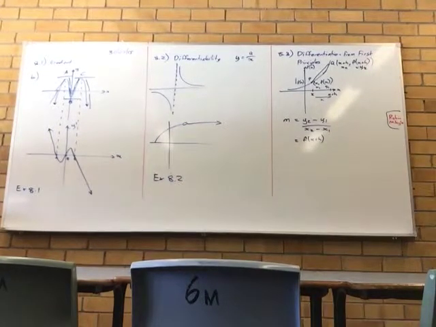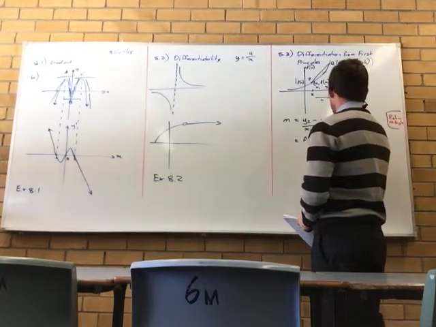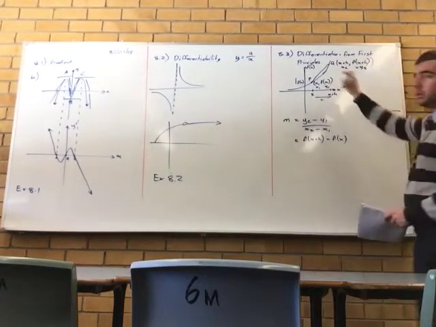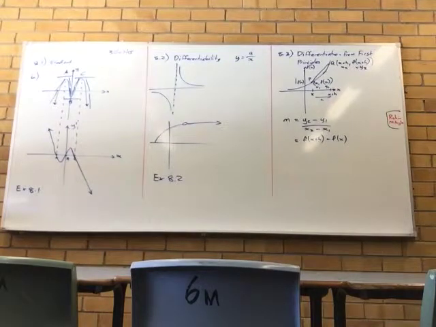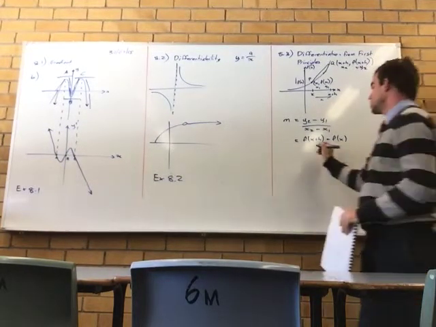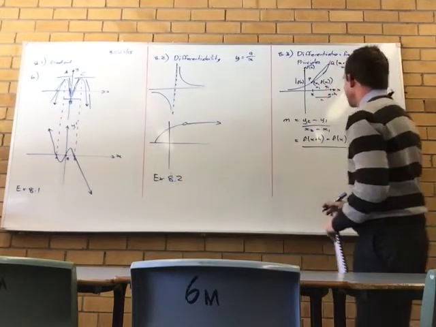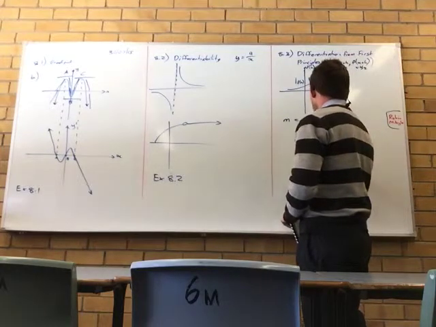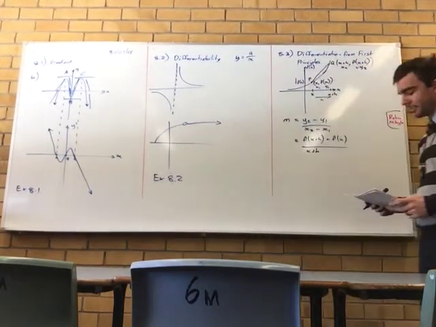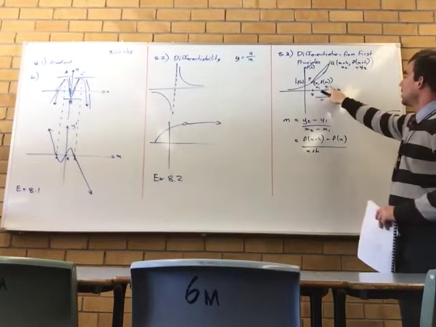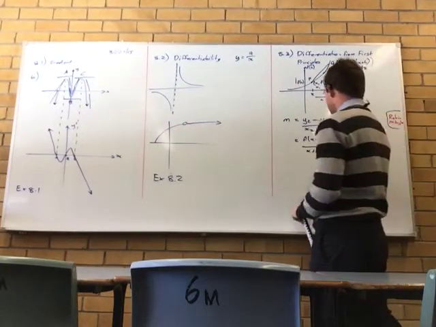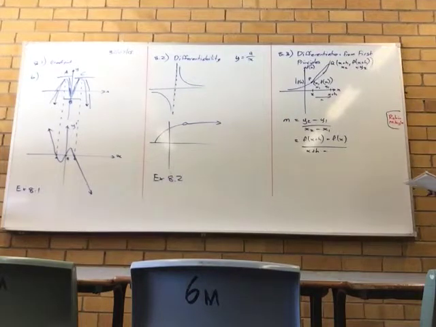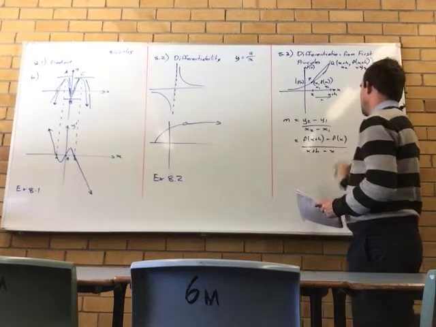We need the gradient of the interval PQ: f of x plus h, take away y1, which is f of x, over x2, the Q value, x plus h, take away x1, which is x.